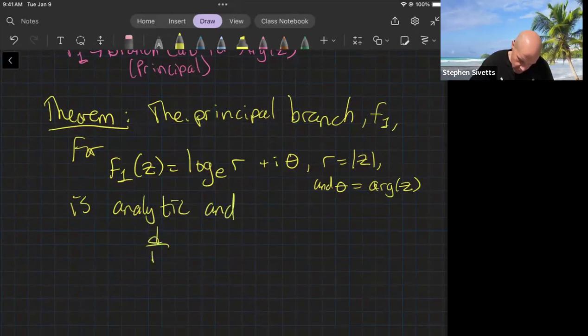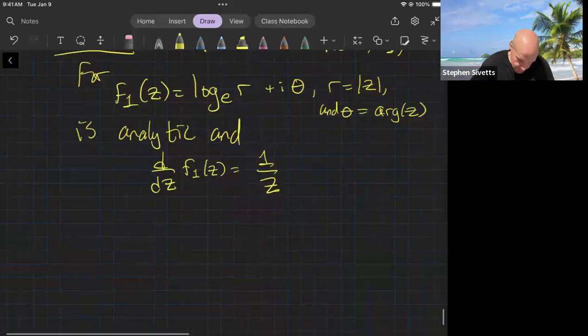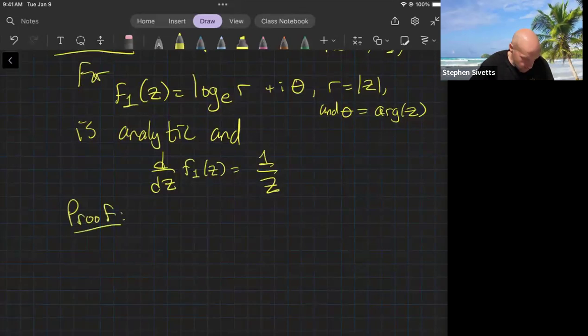And the derivative of F1 of z is equal to 1 over z. The proof behind this is you're going to use the polar coordinate version of the Cauchy-Riemann equations.